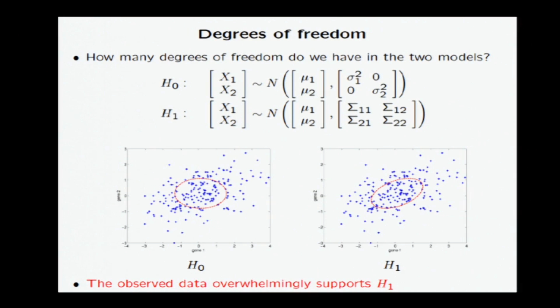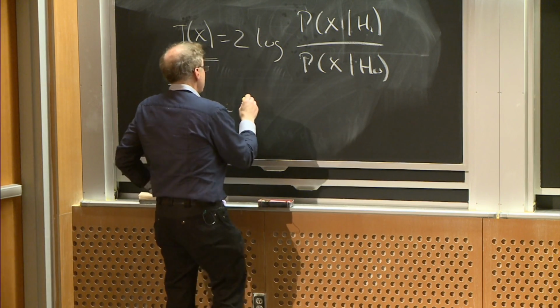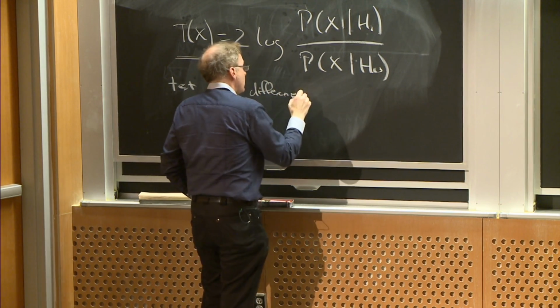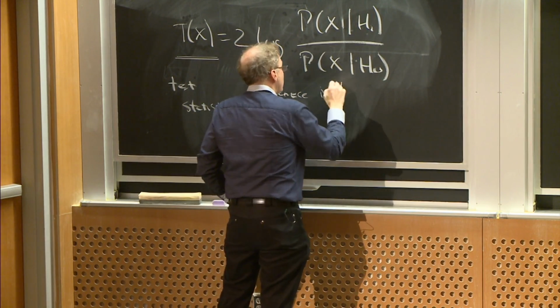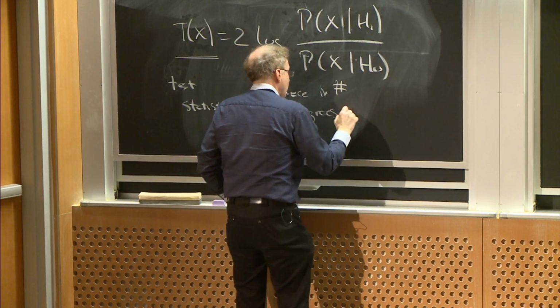And for H0, just 4. So what's the difference in the number of degrees of freedom between the two? It's 2. So the test statistic is parameterized by the difference in number of degrees of freedom.